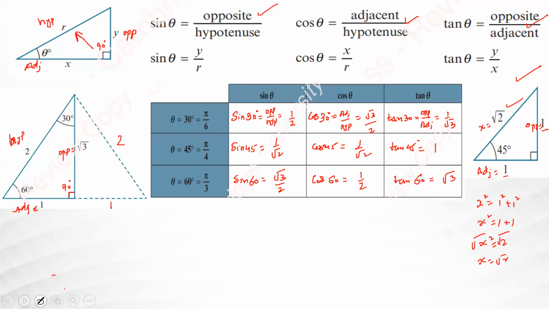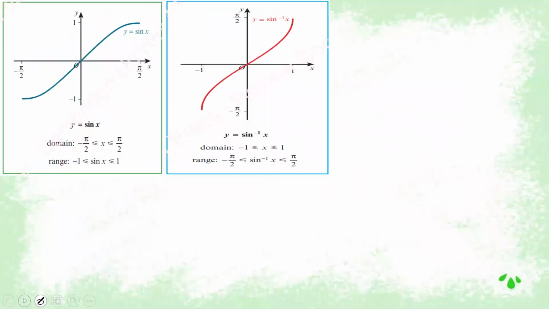For inverse, you must know the curve of sine and cos. That will help you. For example, here we have the sine curve and the sine inverse curve. Remember that the inverse of sine, cos, and tan is possible only if we restrict a limit.